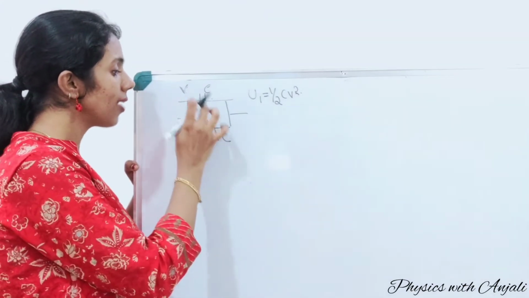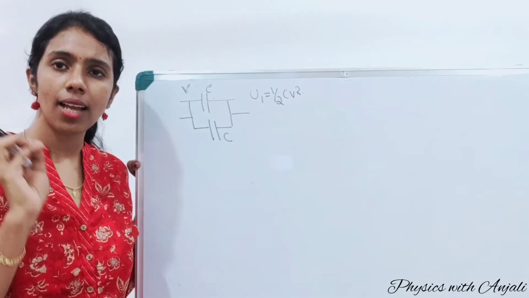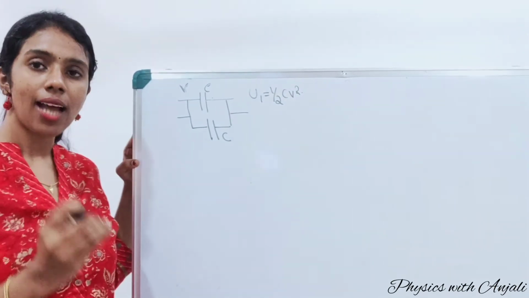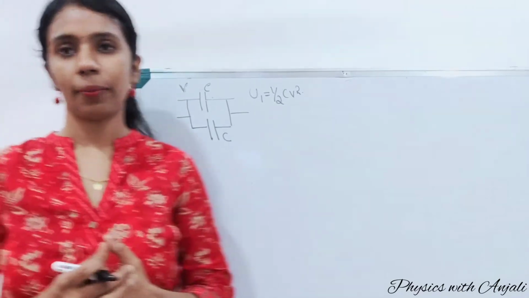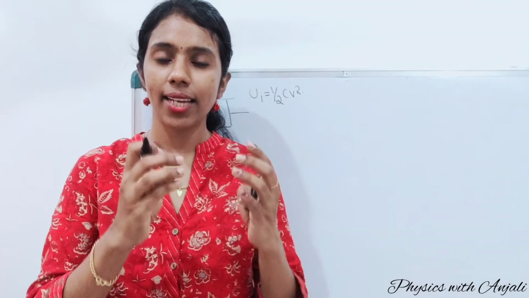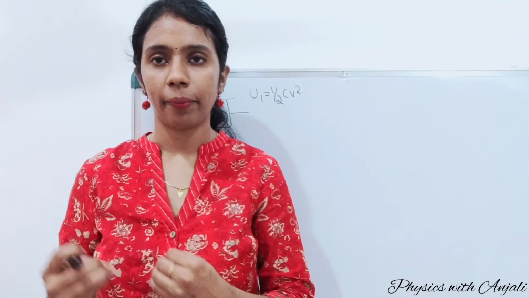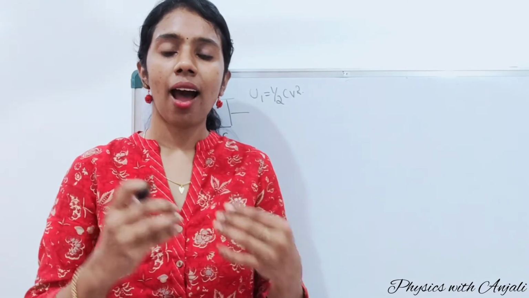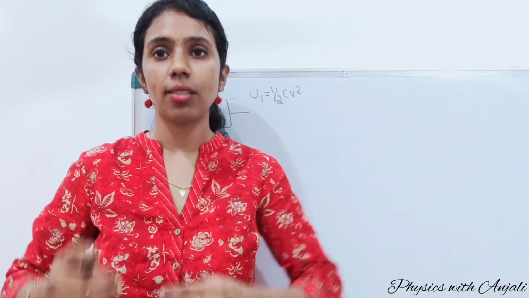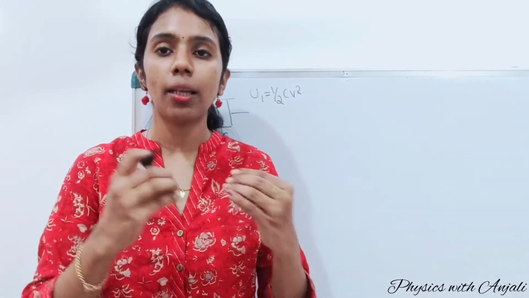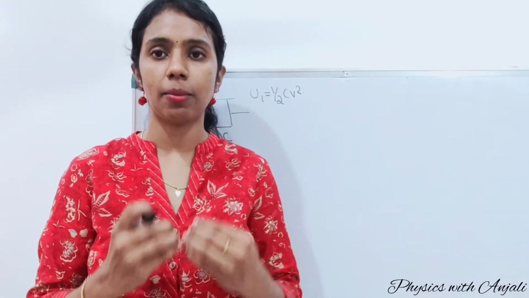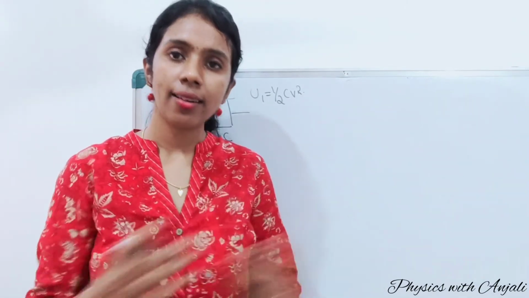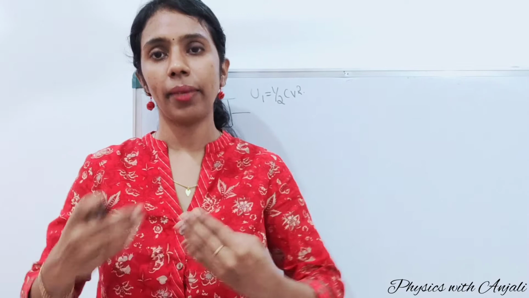So when such an uncharged capacitor is connected across a charged capacitor, the charge gets distributed until the charge in each capacitor becomes equal. So if initially the charge is Q, it gets distributed until both the capacitors possess equal charges. That means the charge on both the capacitors becomes Q by 2. Similarly, the charge distribution continues until the potential becomes equal.